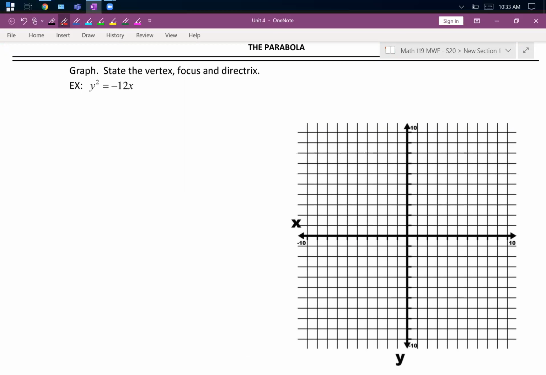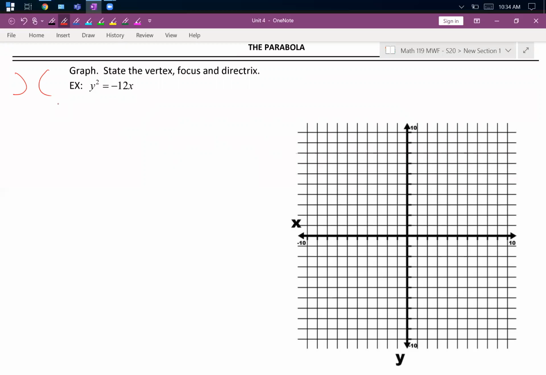It's y that is being squared. So that tells us that this is not the one I'm used to doing, which opens up or down. This one is going to open side to side, but I don't know if it opens left or right yet until I get that p-value identified.